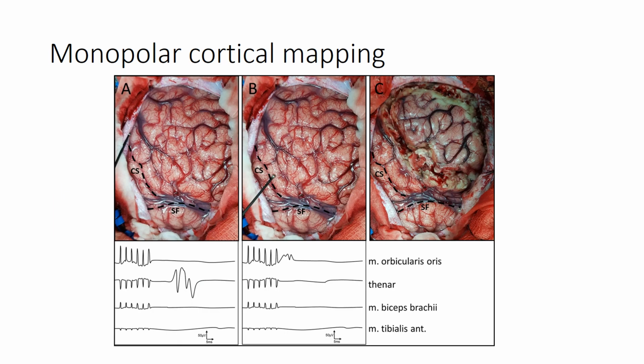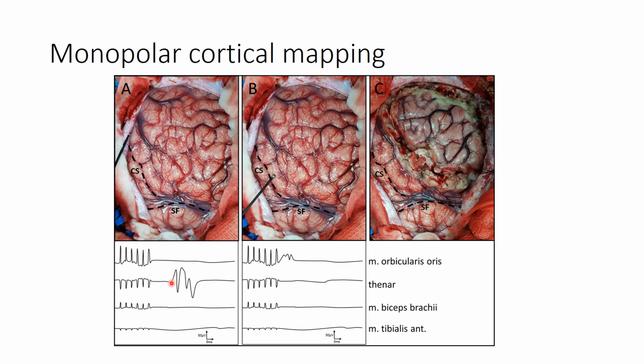You see here a right-sided focal cortical dysplasia, which is mapped by monopolar cortical mapping. Here is the motor strip, the already mapped precentral gyrus. And here are the motor responses recorded by the machine for intraoperative monitoring.